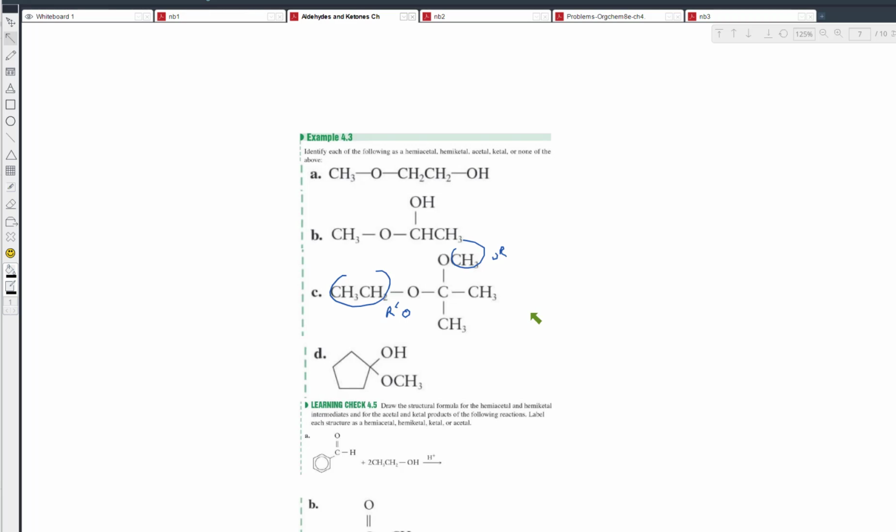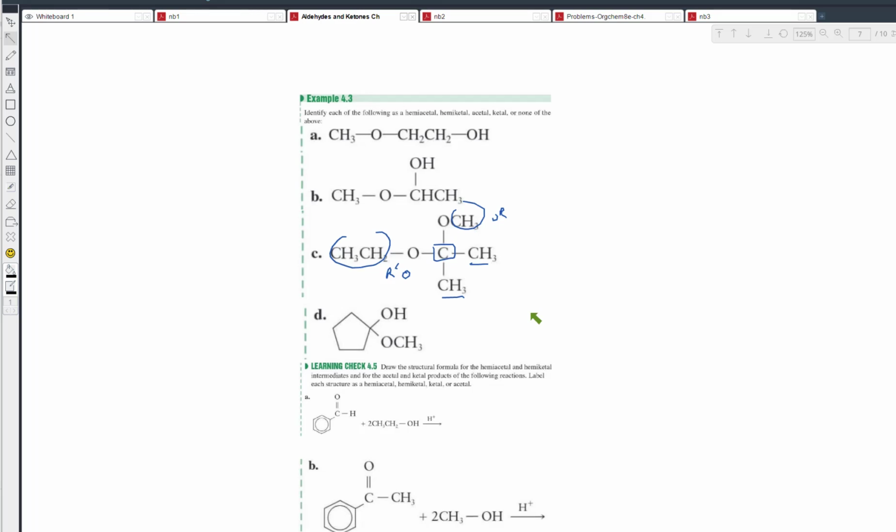Why ketal? Because this carbon has both OR groups, different even, maybe the first time we are reacting with one alcohol, the other time with another alcohol. And on both sides you have radical. So it's a ketal. If you have the answer, you can double check this one. But it is ketal.